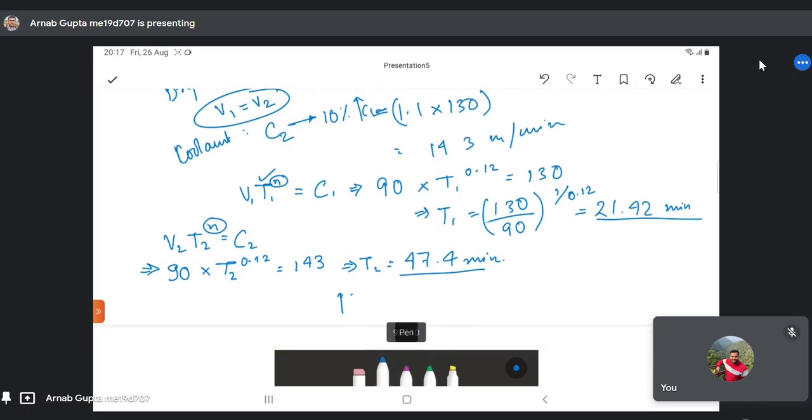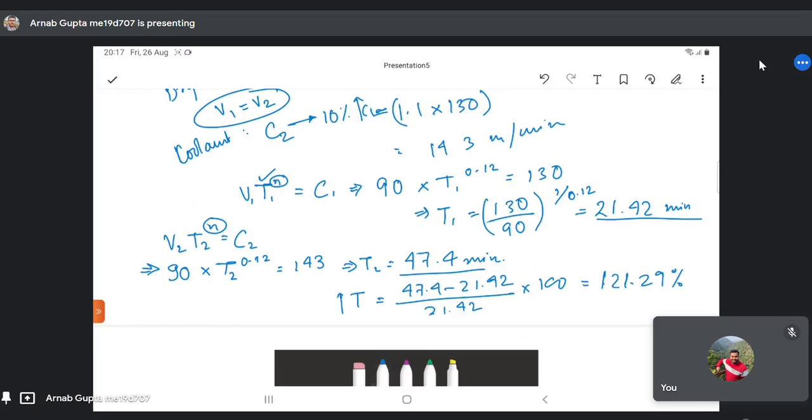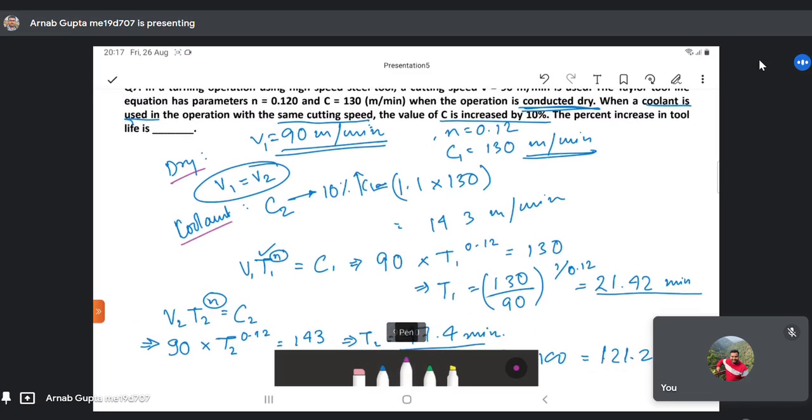So it increases by more than 100%. See, just by putting some suitable coolant environment or lubrication environment.